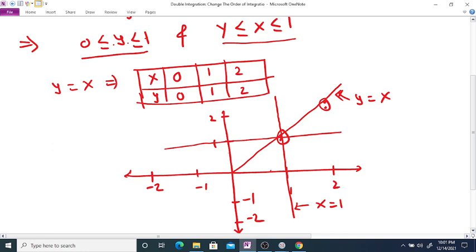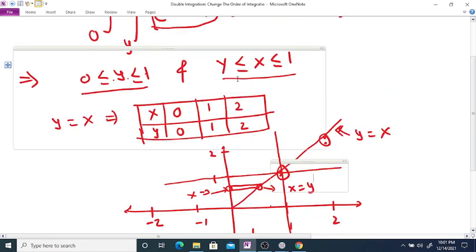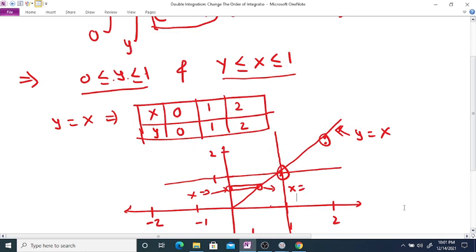Now since the limit of x is given in terms of y, the given strip is a horizontal strip. If we consider this strip, then it enters at x equal to 0 and leaves at x equal to y. But this is not the limit of x, so this is not our closed region.